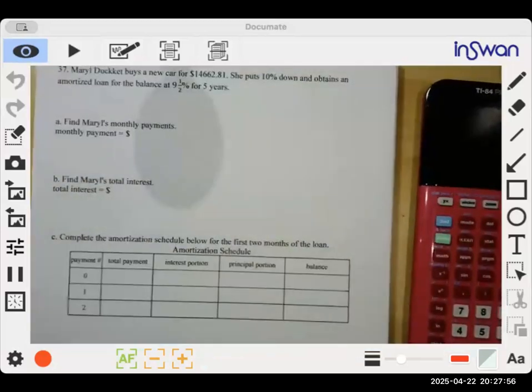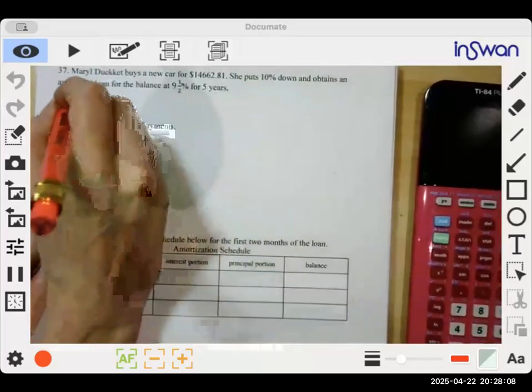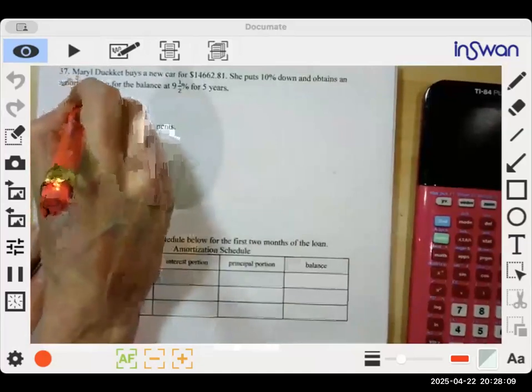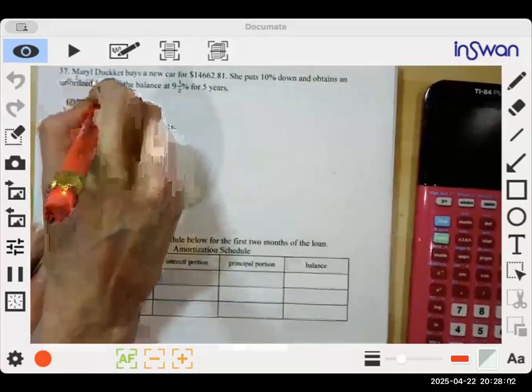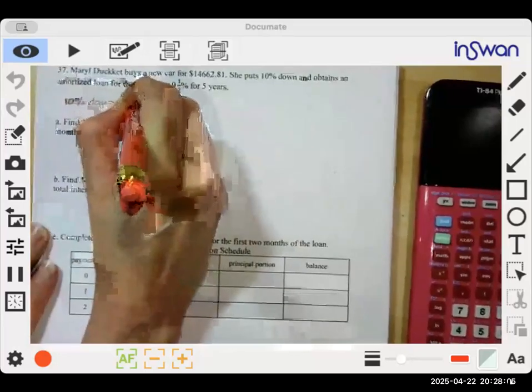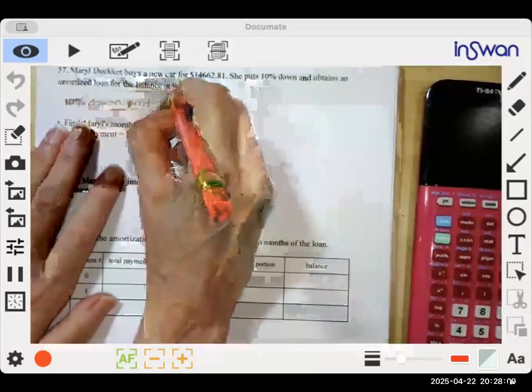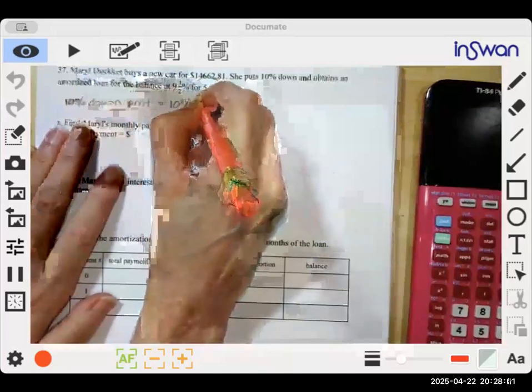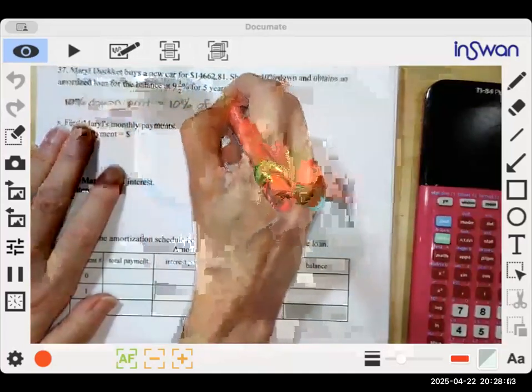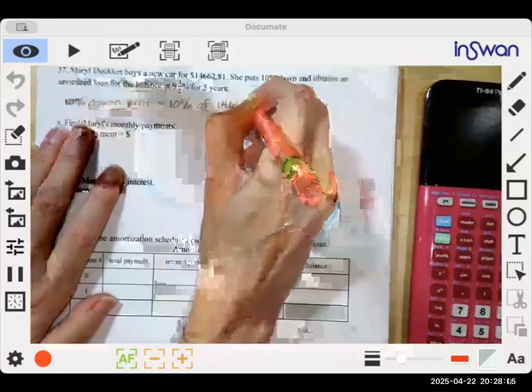All right, then 37. Meryl Duckett buys a new car. She puts 10% down. So that's going to be 10% of that 14,662.81.